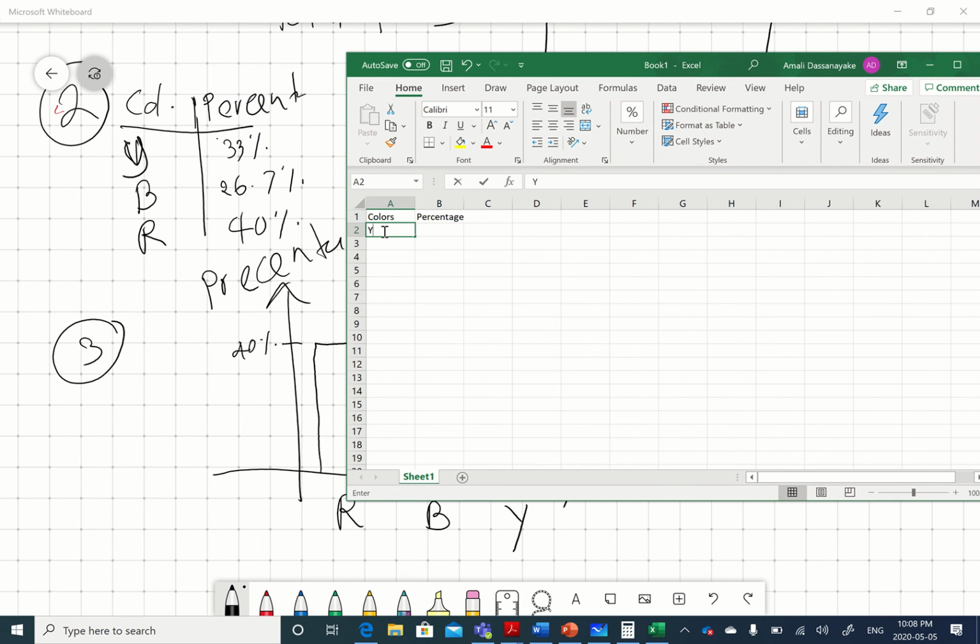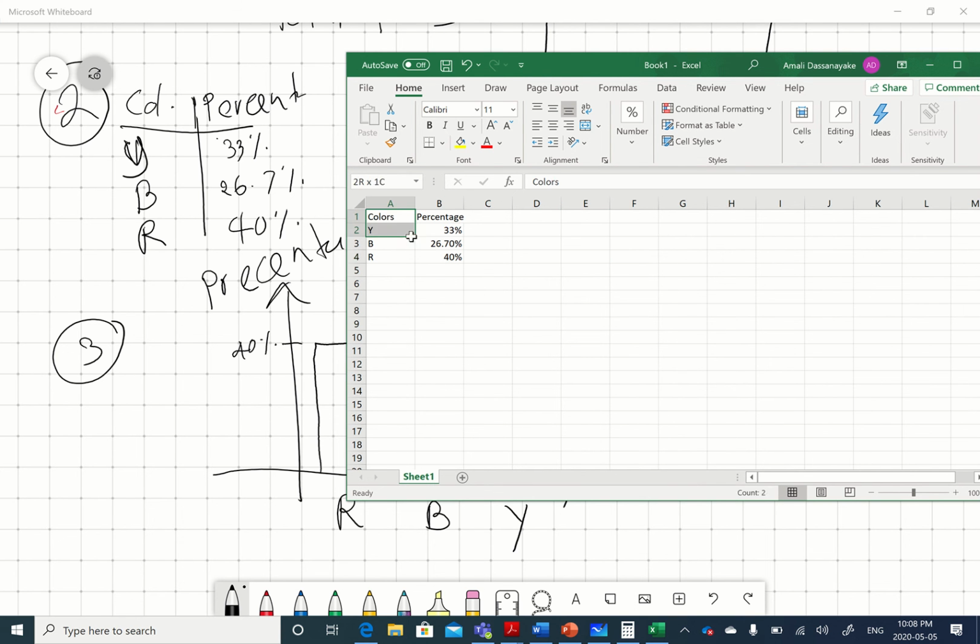Okay, so yellow, blue, red, 33, 26.7, and then 40%. Actually, if you want to be very precise, because this has to add up to 100%, right, you can say 33.3%. So then the summation is 100% exactly.